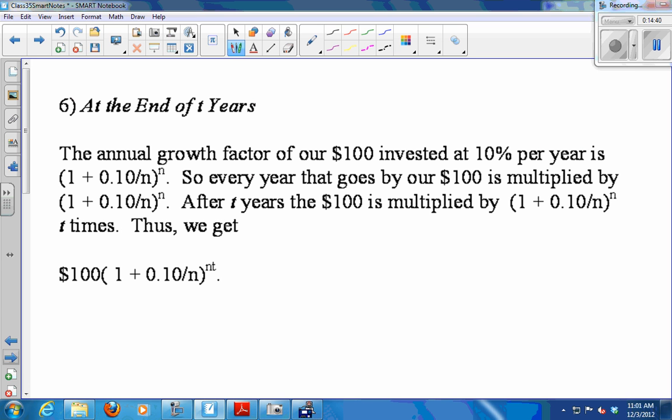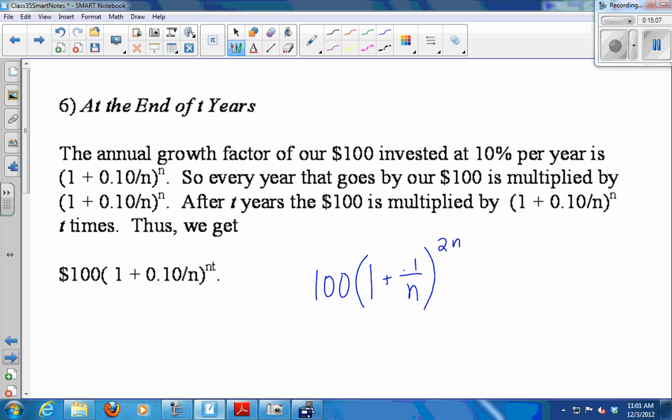Yeah, if it was going to be 2 years, I would say, well, I'm going to take my $100 and it's going to get compounded like that, right? But then I'm going to do that for 2 years. So n times a year for 2 years, so I'd put 2n here, because you just do it twice as many times.